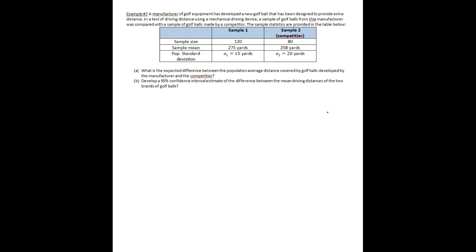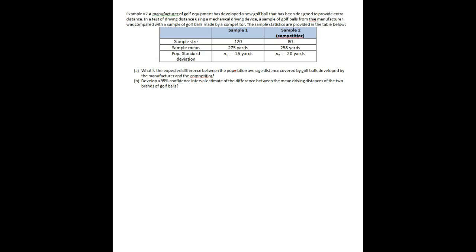All right, so looking at number A, a manufacturer of golf equipment has developed a new golf ball that has been designed to provide extra distance. In a test of driving distance using a mechanical driving device, a sample of golf balls from the manufacturer was compared with a sample of golf balls by a competitor.